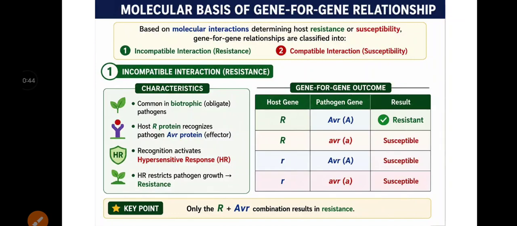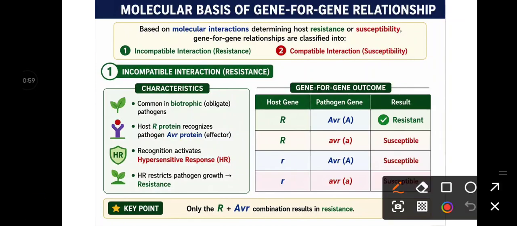Based on the molecular interaction that is determining host resistance or susceptibility, the gene for gene relationship is classified into two types of interaction. Okay, either it is an incompatible reaction or a compatible reaction. Incompatible reaction will result in resistance, and compatible interaction will result in susceptibility.